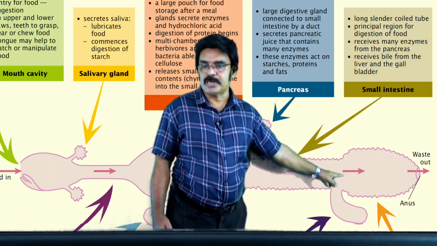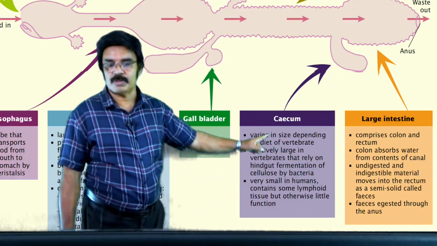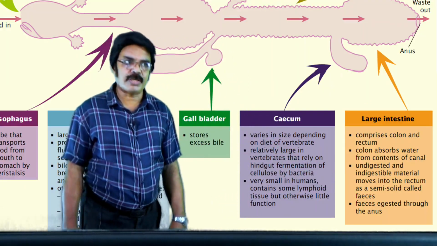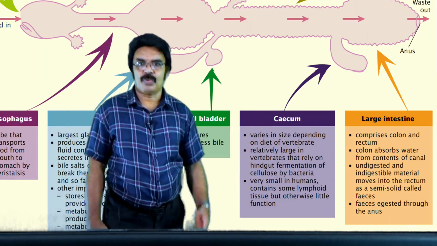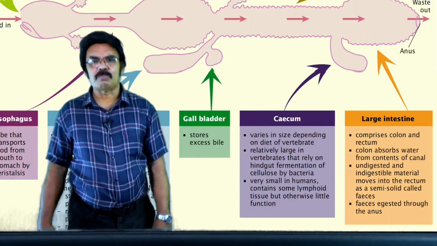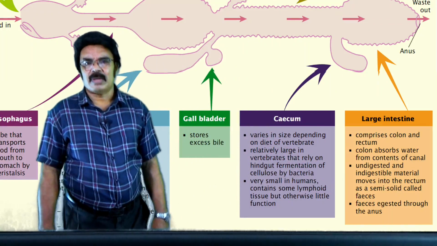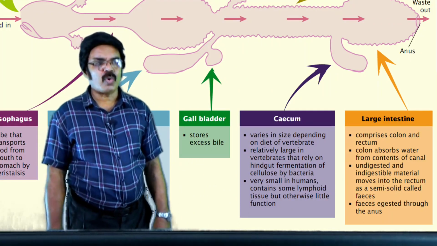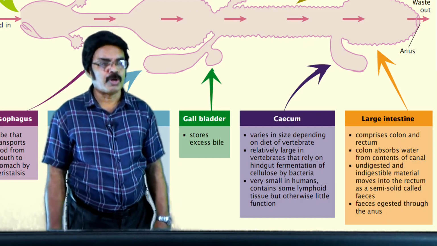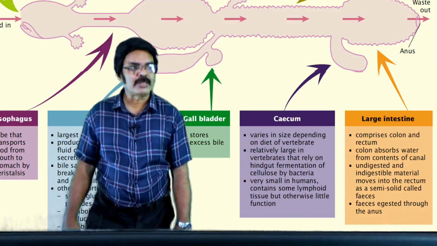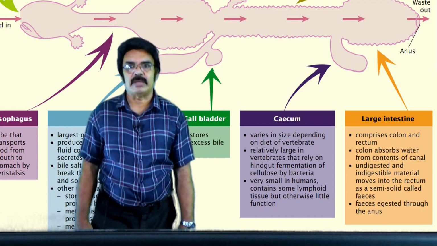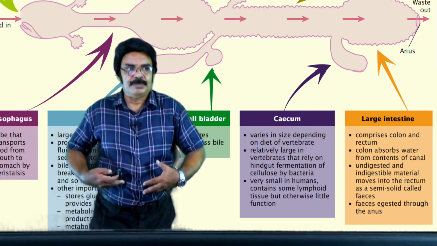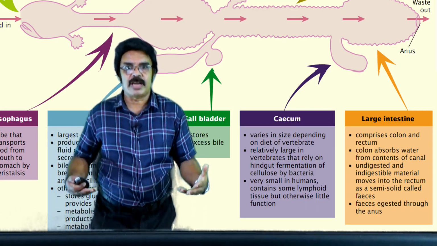Then after the small intestine we come to the cecum. It is not prominent in human beings, but in some animals it is really prominent. Some animals are called ruminants, like cattle. They digest cellulose.